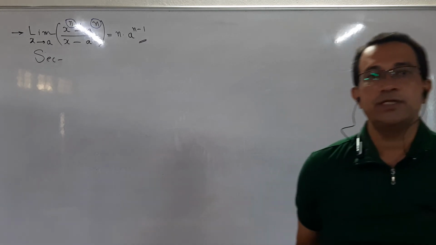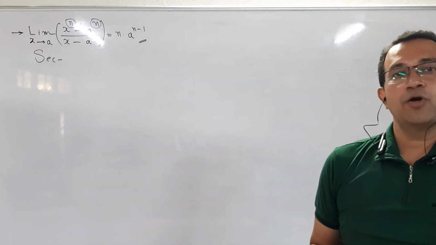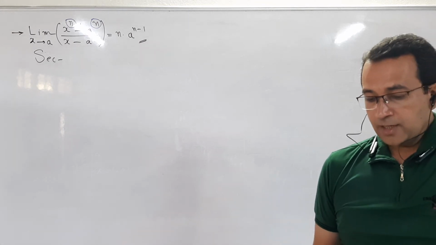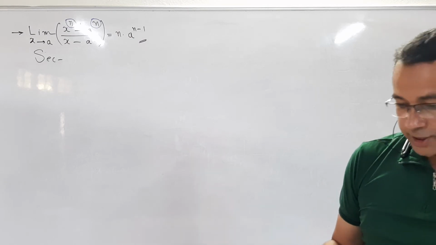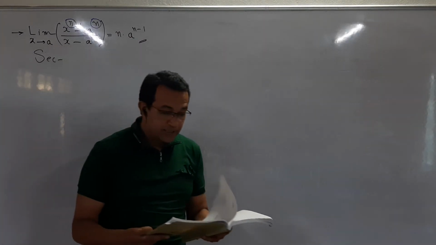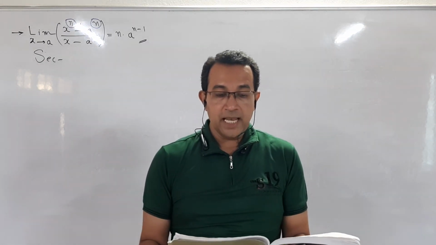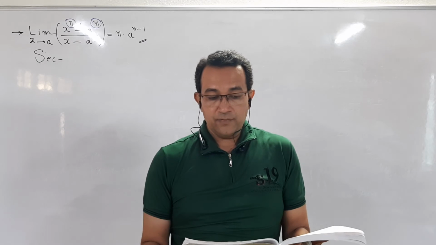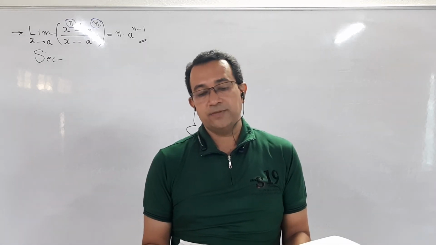That also, students, in terms of theory, we have written. Check. It is the limit of a polynomial function. Now students, section D: in the last lecture we have completed up to sum number 11, and now we are to start with sum number 12.